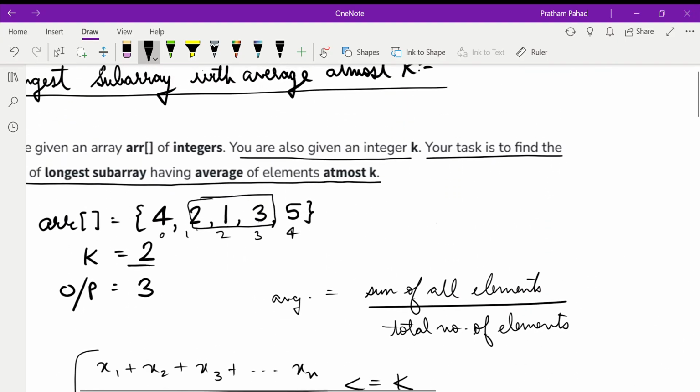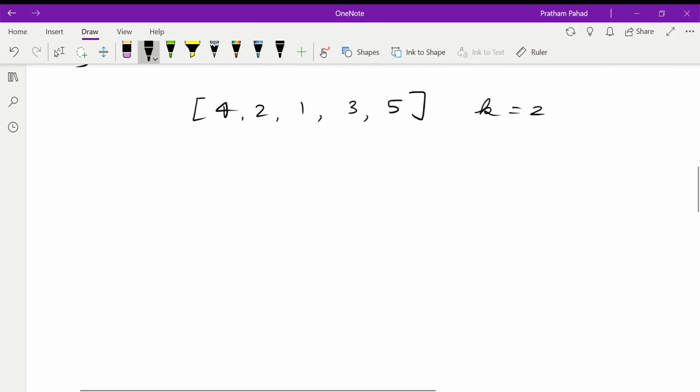K was 2. So 2 minus 4 is minus 2. 2 minus 2 is 0. 2 minus 1 is 1. 2 minus 3 is minus 1. And 2 minus 5 is minus 3. Okay. So our array has been converted to this.